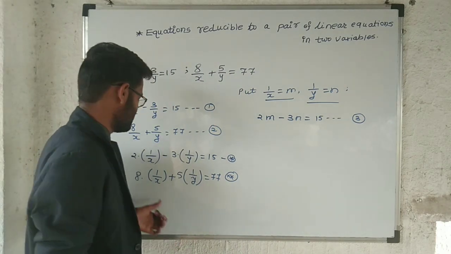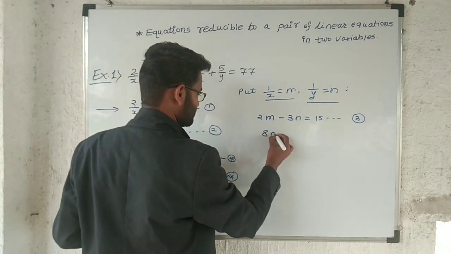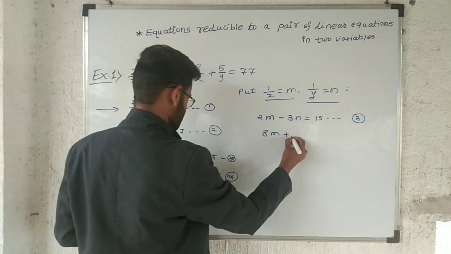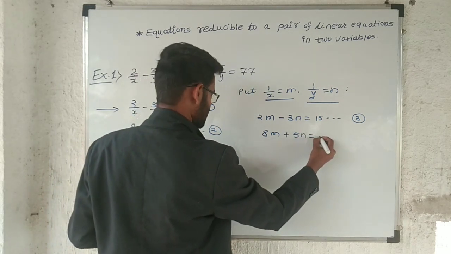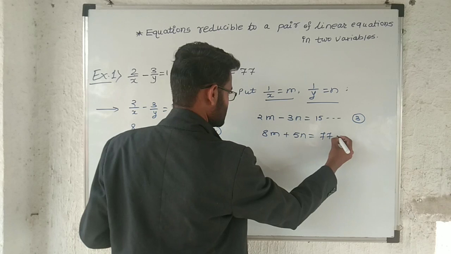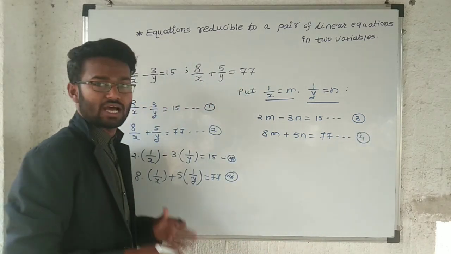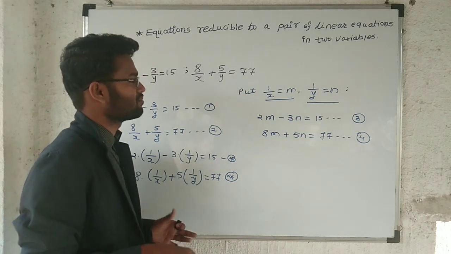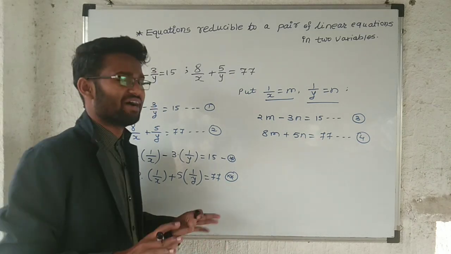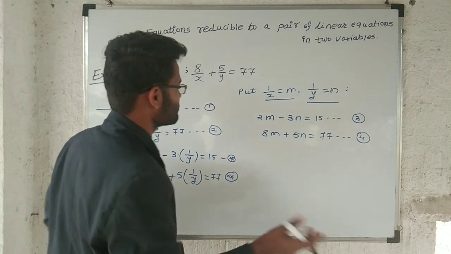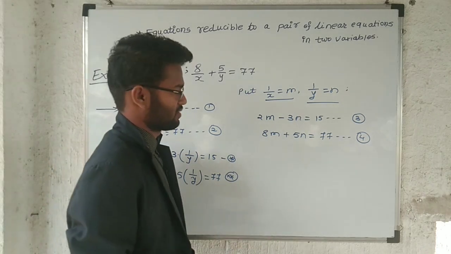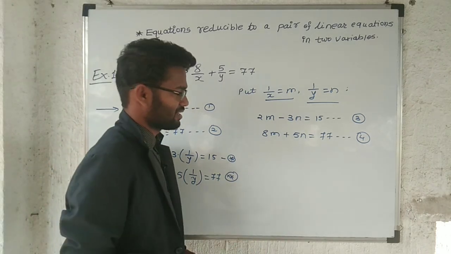Now convert this: 8m plus 5n is equals to 77. This is equation number 4. Now we have to solve equations number 3 and 4 by any method. I am solving this by the elimination method. We can eliminate n or m.